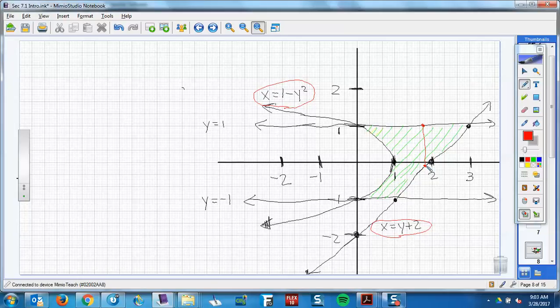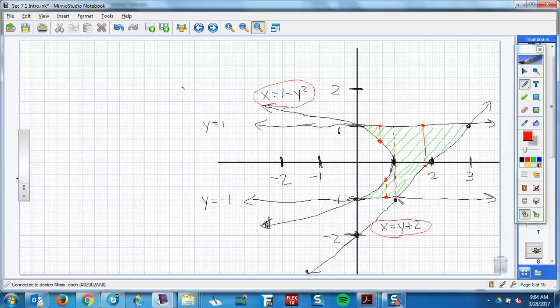This right here, right? But what happens if I draw a strip right here? The bottom curve is different, right? What if I wanted to draw a strip right here? The top and bottom are different, right? So to do this problem, you would actually have to split this into 3 different regions.